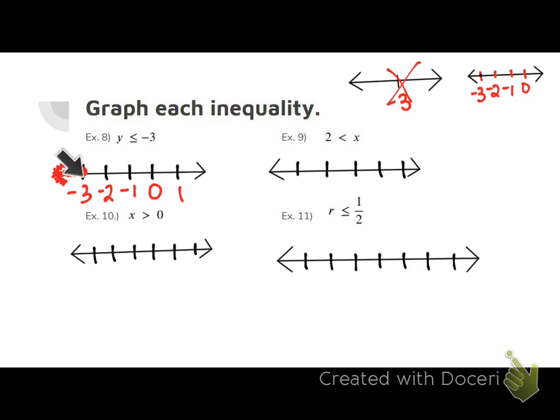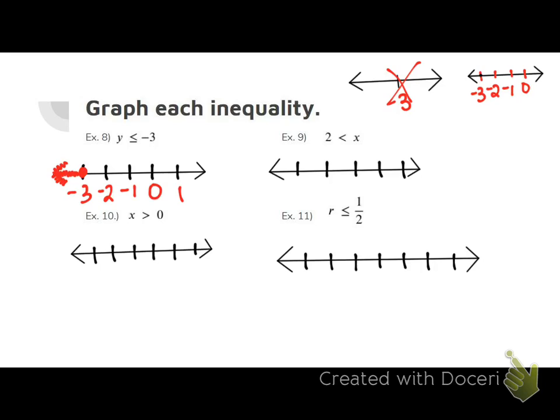It should be big enough that I can see your circle. And if it's open, I better be able to see through it, see some openness. It should not be so big that it takes up a good chunk of your number line. I don't want it obnoxiously large. Make it appropriately sized.